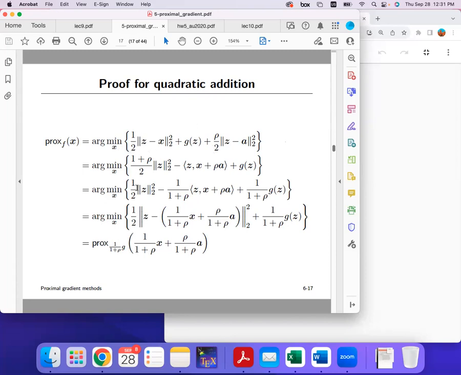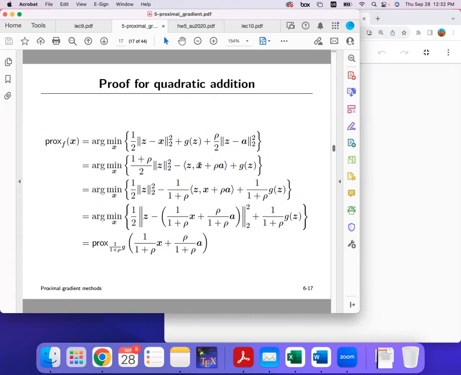Okay. And the rest of the steps: because here we have two square terms, we can try to complete the square, combining these two square terms into a big one by introducing some constants and reformulating the problem. For this line, we expand these two quadratic terms, and the z squared coefficient is 1 over rho plus 2 times z squared, because we have one coming from here and the other one from this term.